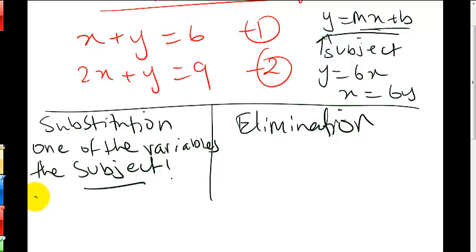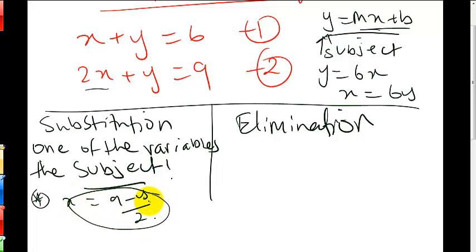When should you do substitution? Since you're making one of the variables the subject, it's nicer to do it when one of the 4 letters here has a 1 in front of it. So the worst one to do for substitution would be this one, in my example. Imagine trying to solve for x: you're going to take away y, but then you're going to divide by 2. So you're going to have something like this. Then you sub that back into the first one, which is the whole point of substitution, and you're going to start dealing with fractions.